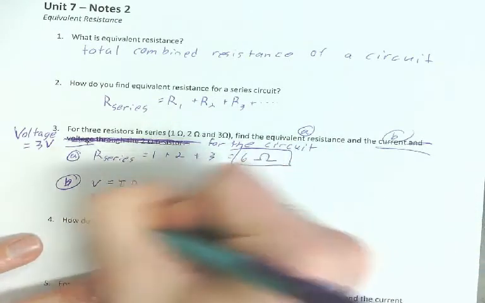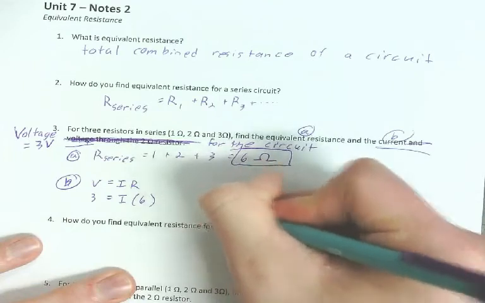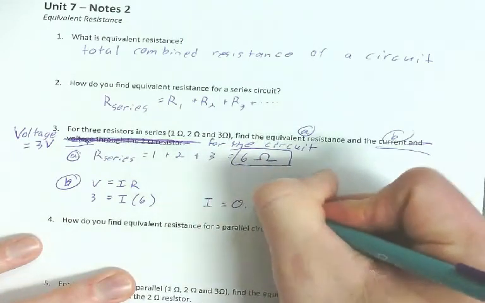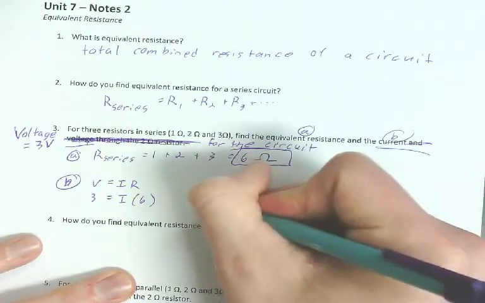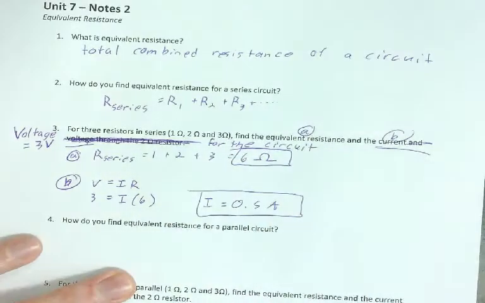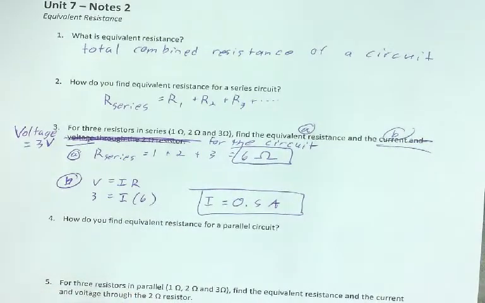So divide 6 to both sides. I equals 0.5. There we go. Easy enough. Add them up to get the total resistance, and then use V equals IR to find the current. So far, so good.